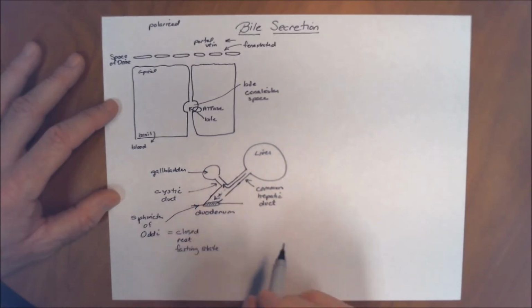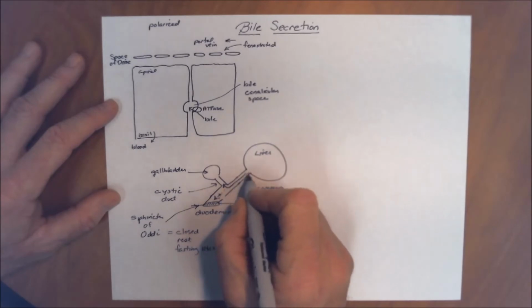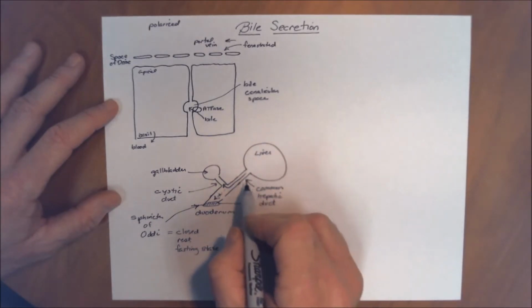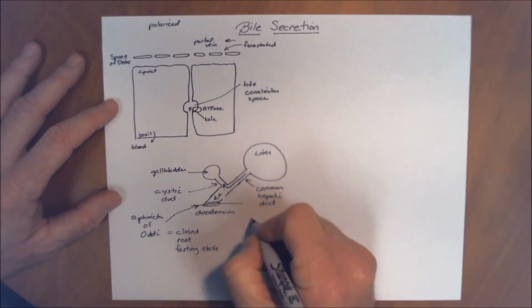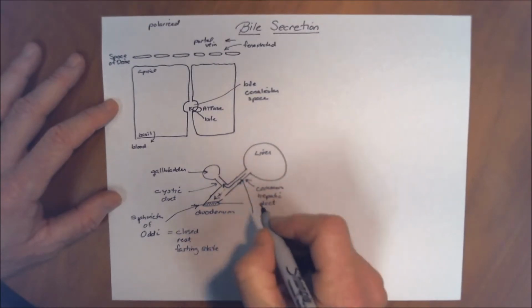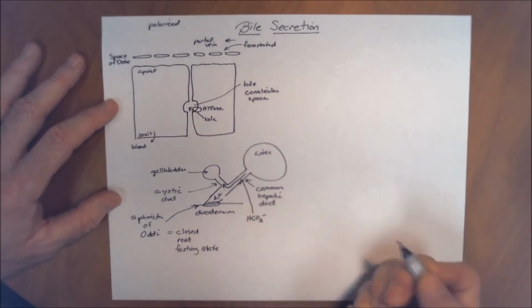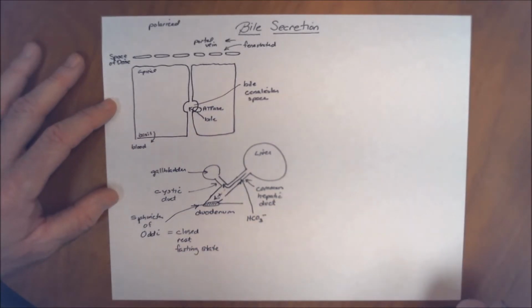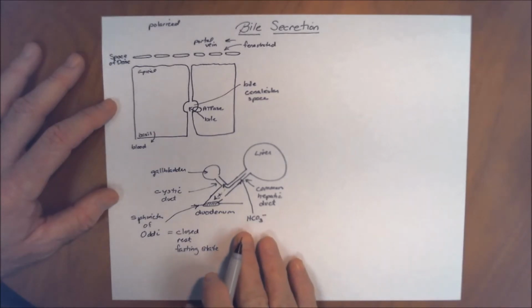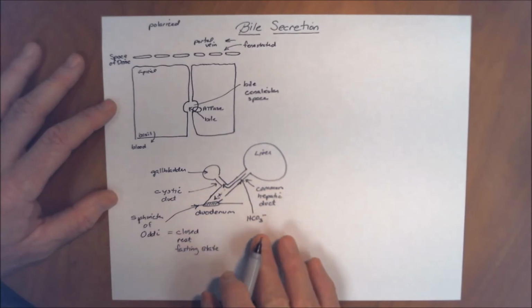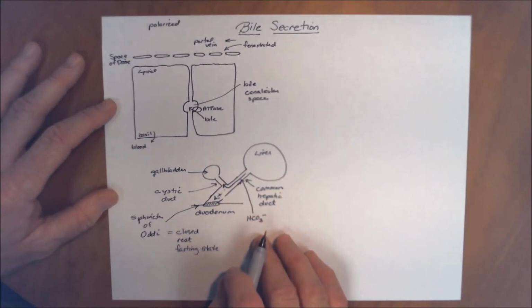Now, what also is happening here is these ductal cells coming out of the liver into the common hepatic duct are also secreting bicarbonate. We saw this in the salivary gland, and the purpose of the bicarbonate here has the same properties that we want to have, for example, in the pancreatic secretions.